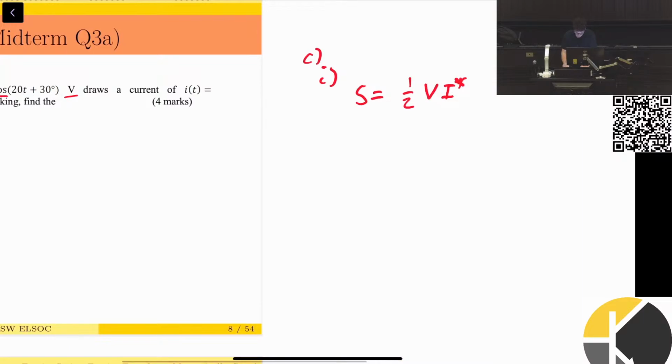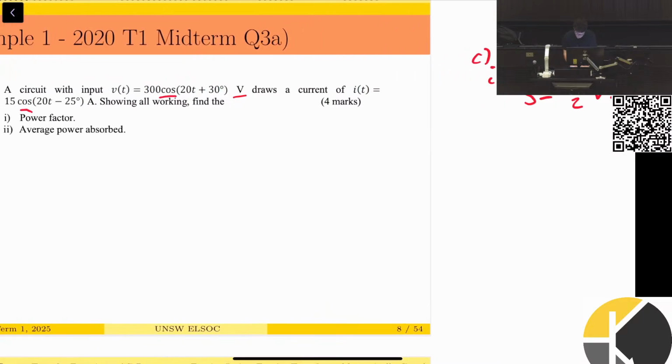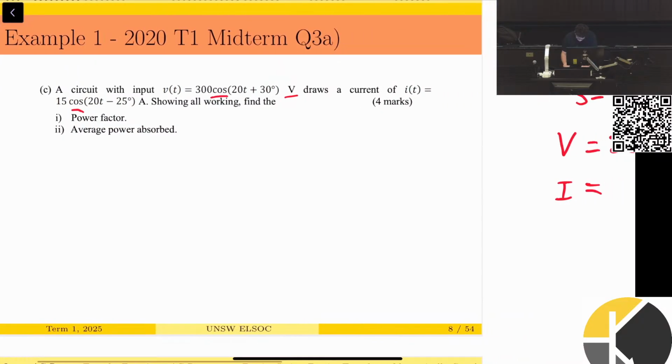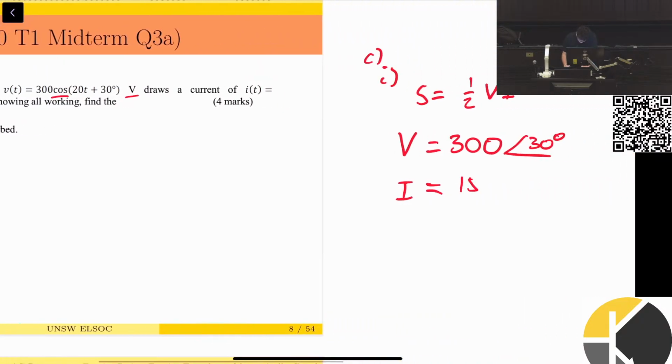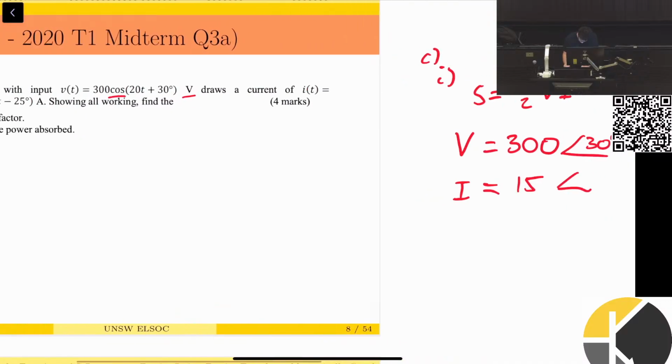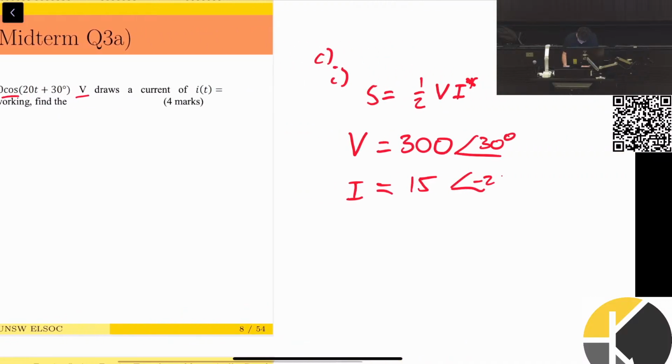Okay, let's write our phasors. So they've given us V of t. It's got the same angular velocity, so we're good. Let's write our big phasor V. That is just going to be 300 angle 30 degrees, and I is going to be 15, and be careful of the negative, angle of negative 25 degrees.